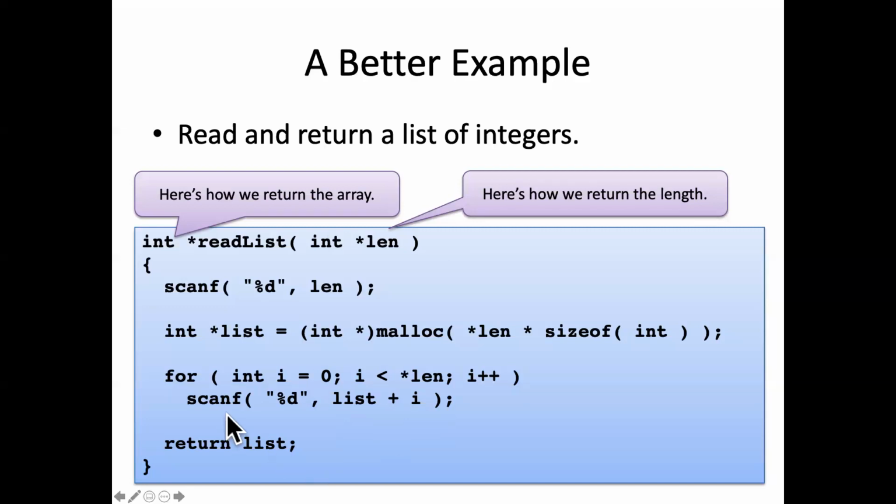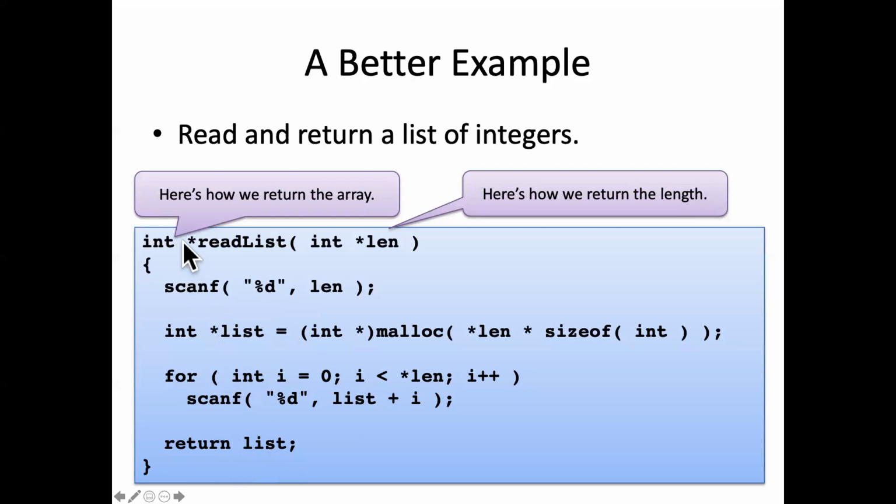Now, scanf wants the address of an int if I'm telling it to read an int. So just using pointer arithmetic here is an easy way to get the address of the ith element in the array. And then if all this was successful, once we're done, we return the dynamically allocated list.